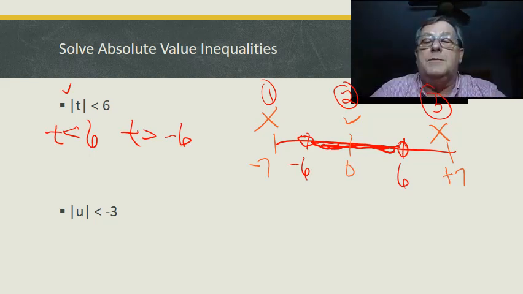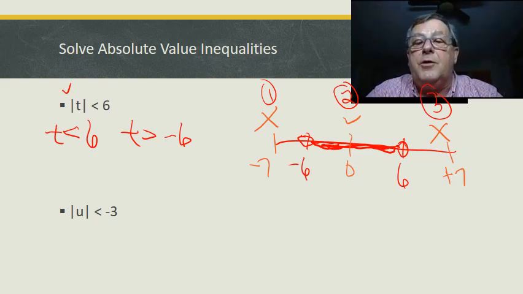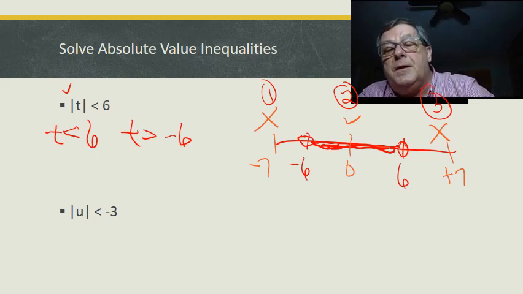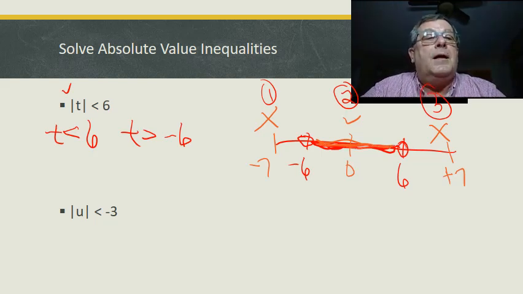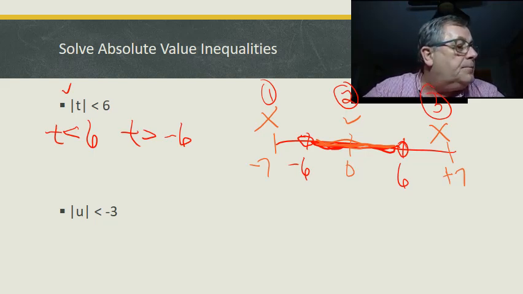Establish the intervals, test a value in that interval, and see if that gives you a true statement. If it does, then that's part of your solution set. If it does not, then that's not part of your solution set. And so this is a way of proving that this is, in fact, our solution set. Now let's take a look at the absolute value less than -3.